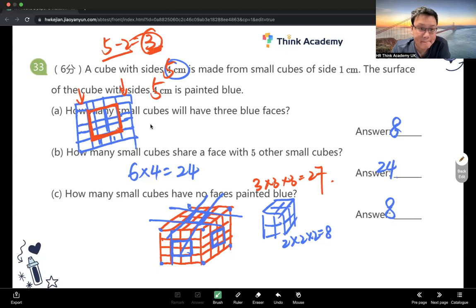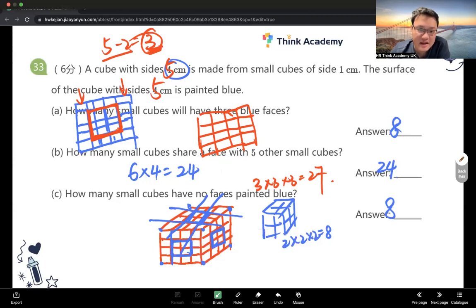I just don't really get why you have to take away the 2, like the 2 columns. Because those will be painted. You see, for this 4 by 4 one, let's see. If you've got a 4 by 4, this is a 4 by 4 cube. How about that? It's just one face of that.